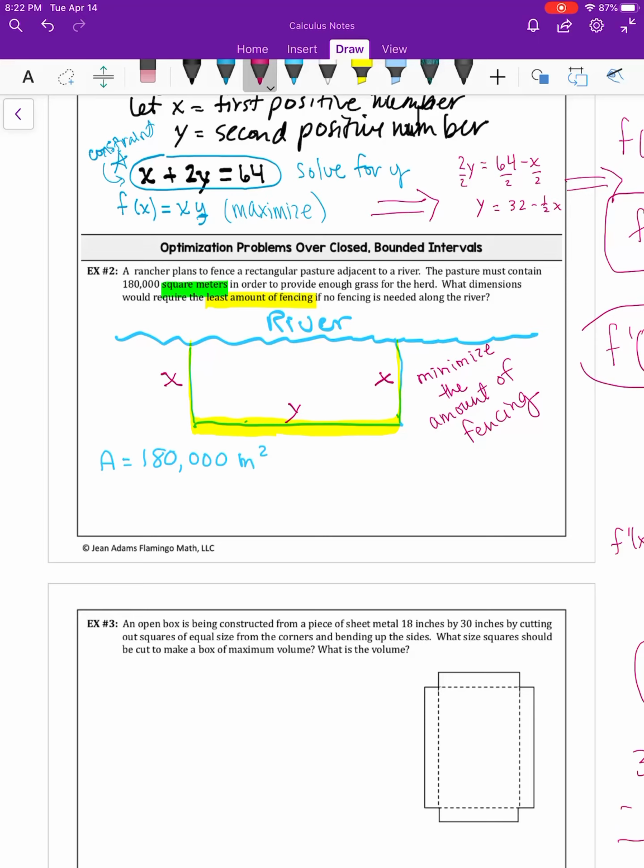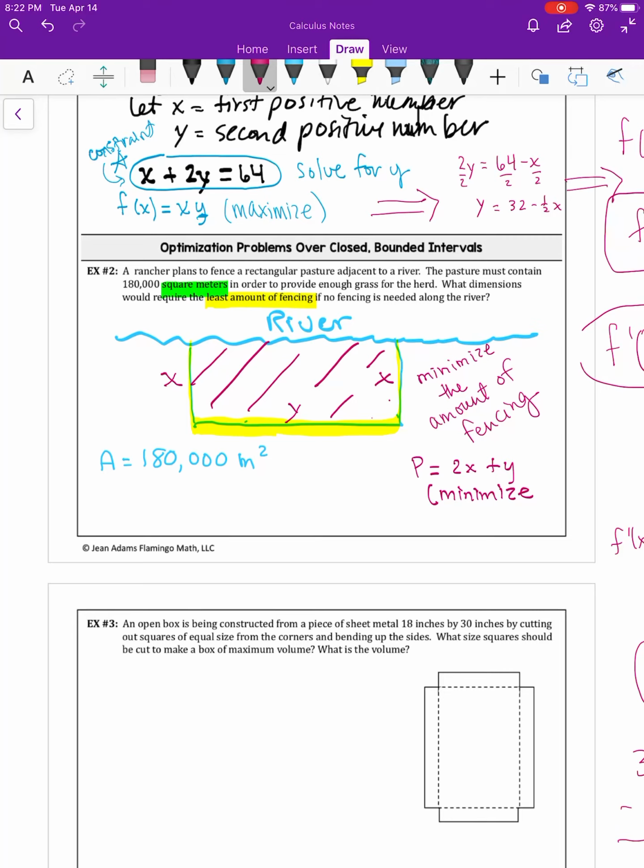So what are we going to do? Well, we're going to call one of these X and one of these Y. If this is Y and that one's X, then that's also X. So my perimeter equation that I'm going to minimize is 2x plus y. This is my minimize equation.